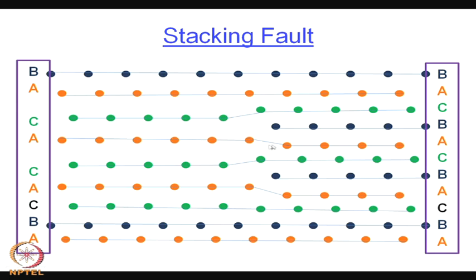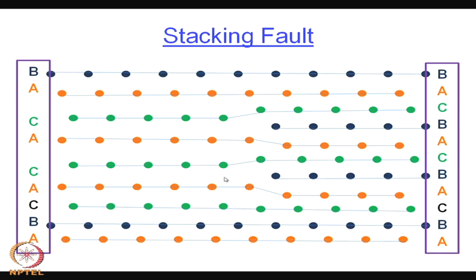Now we have two dislocations. If you remember the way we define a dislocation, there is an extra edge here, another extra edge over there, and therefore, these planes are missing on this part of the crystal.